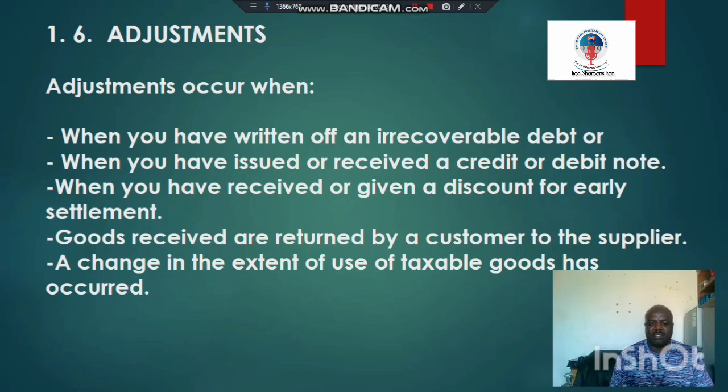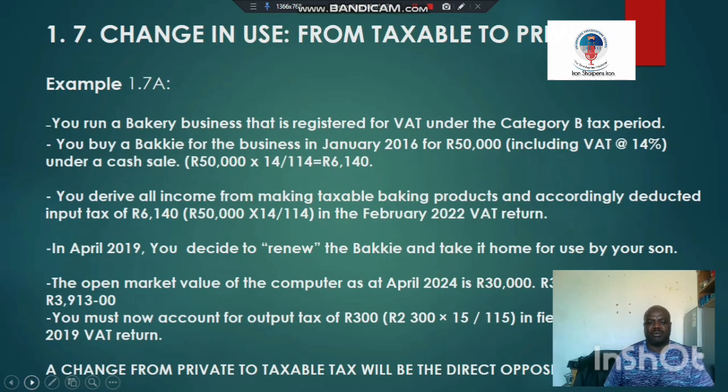But now I'm going to simplify it for you by using an example. Suppose you run a bakery business that is registered for VAT. You buy a buggy for your business. Say it's January 2016 for 50,000, and remember in January 2016 the VAT rate was still 14%.